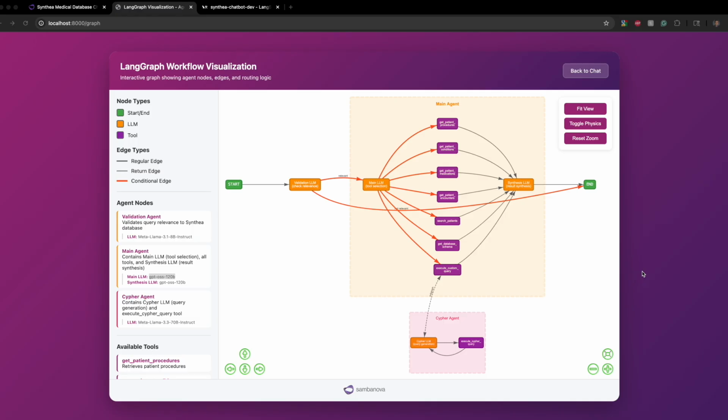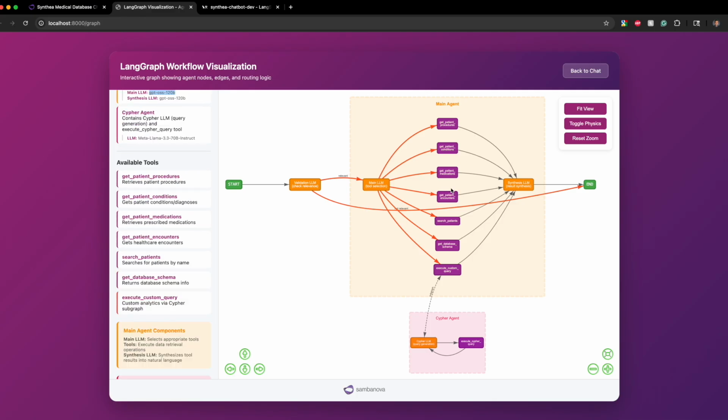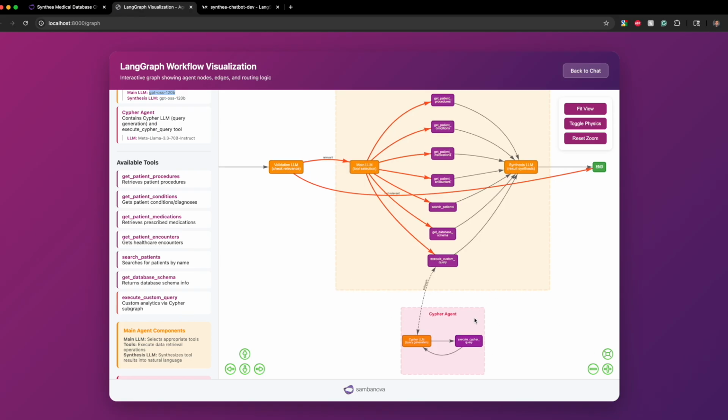Here's a visualization of the LangGraph workflow. There's a user input validation LLM that uses the relatively small Llama 3.1 8B instruct model. The main agent uses GPT-OSS 120B to select one of these tools to answer the user's question. If the user's question does not relate to one of the predefined tools, then a custom query tool invokes a subgraph that uses the Cypher agent to generate a custom Cypher query to answer the user's question.